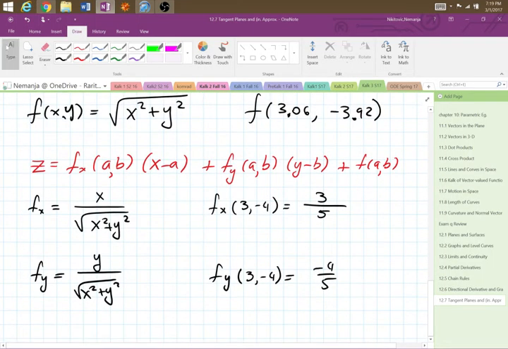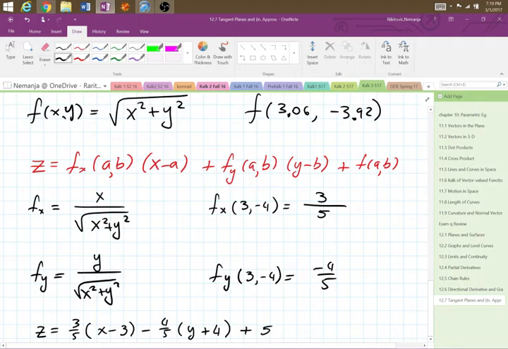So now we just write that z is equal to f_x, that's 3/5, times (x minus a), which is x minus 3, plus, no, minus 4/5 times (y plus 4), and then plus f computed at (a,b), which is 5. There's the tangent plane.